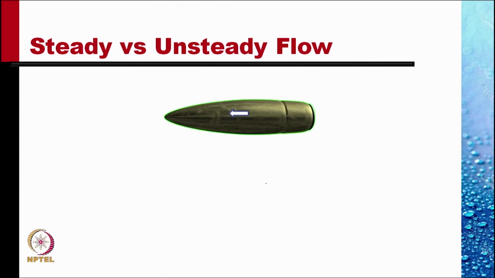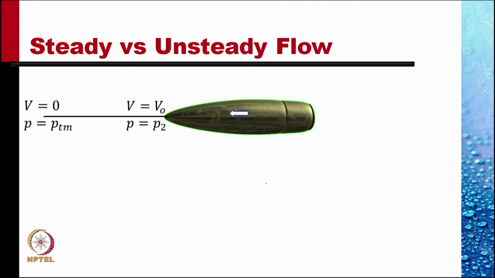Another example, consider a projectile moving to the left through atmosphere, which is stationary, and the pressure P atmospheric all around. What is the pressure at the nose of this projectile?